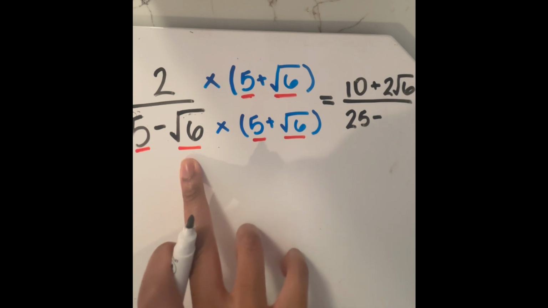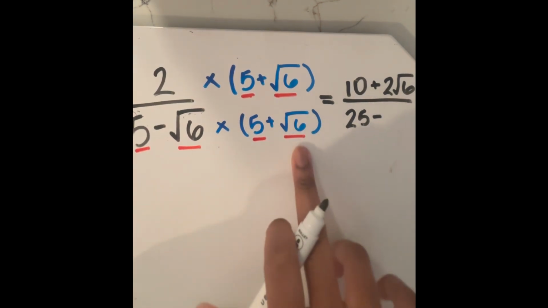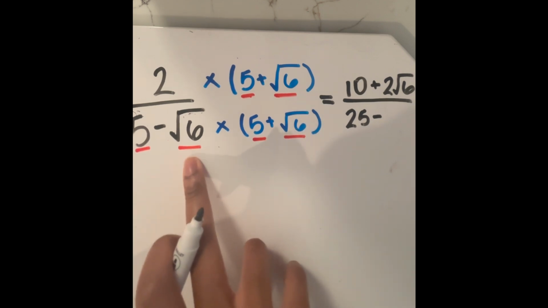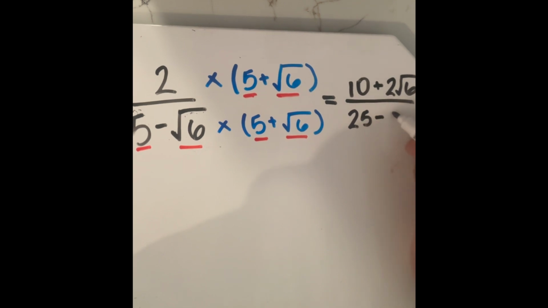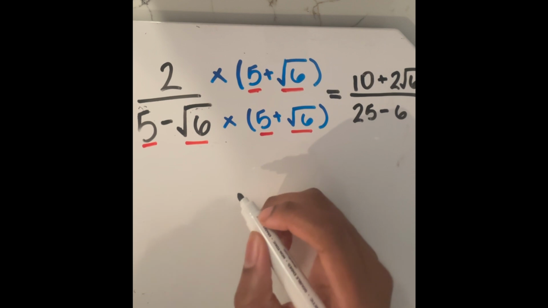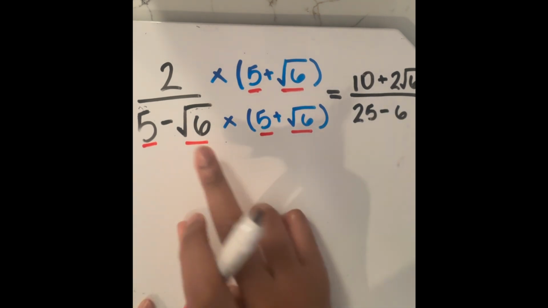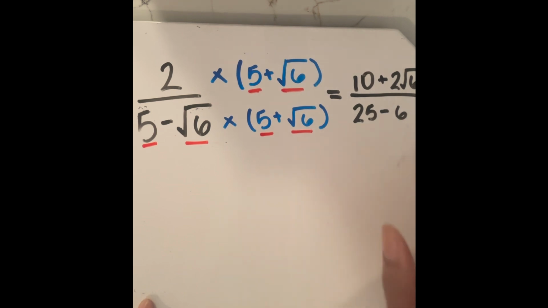And then we know that when we multiply a square root by itself with the same number underneath, so the square root of 6 times the square root of 6, it's just 6. And that applies to any number. If it was the square root of 4 times the square root of 4, that would just be 4.